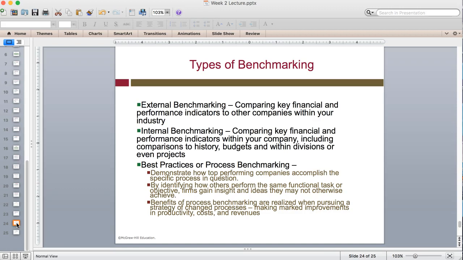A better example in the organizational context is if you say, hey, I'm really good at manufacturing something. I can manufacture 100 of these items with a 5% failure rate, and I can do it for $2 per unit.